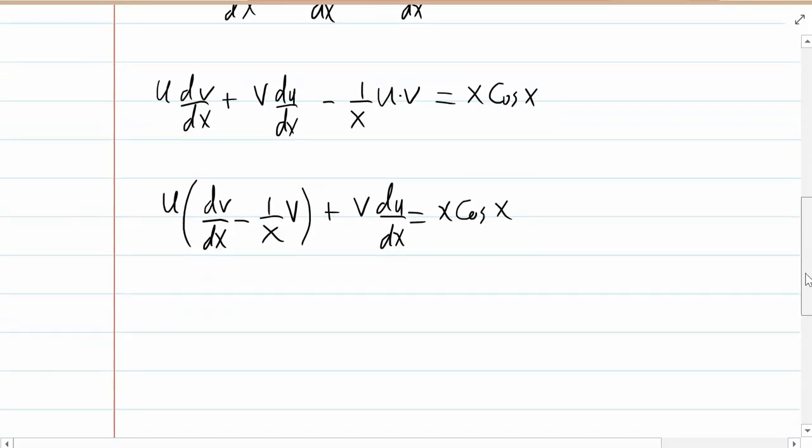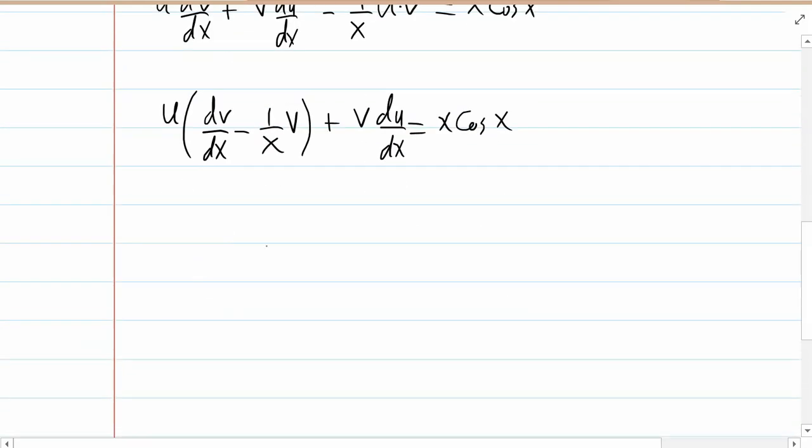So if we can find a function v that will make this identically 0, then our initial differential equation will be reduced greatly to just the terms that we have over here. So let's find that function v first.